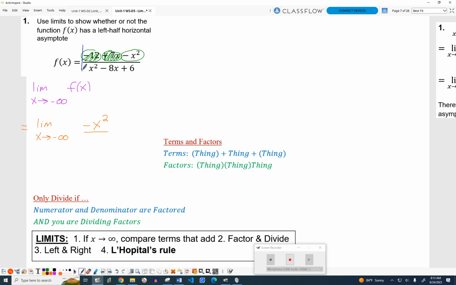This formula, let's race through this. Make sure you're making sense of this. Now when we compare the terms in the denominator, the only term that really makes a contribution as x approaches infinity is the positive x squared. So we write it like that. Question?